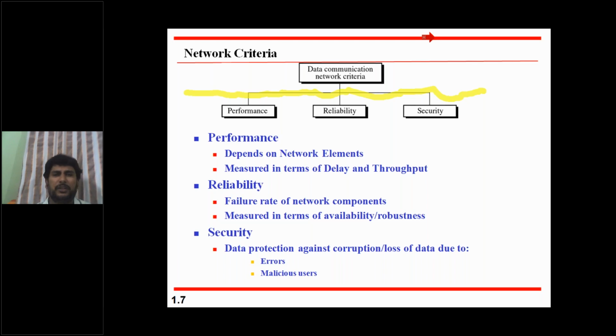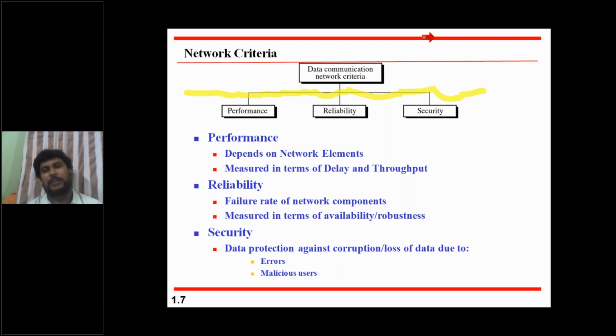The ratio of successful packets to the total transmitted packets, we refer to with a parameter called throughput. And the number of packets which are lost during the transmission, we refer to with a terminology called packet loss. So these are the criteria with which you try to measure the performance of a network.